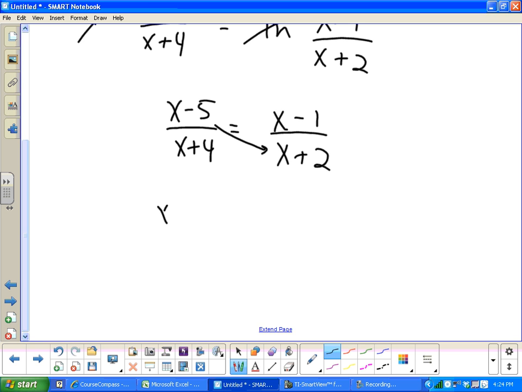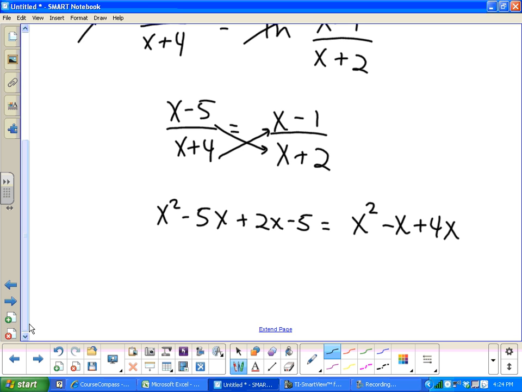So that would give me x squared minus 5x plus 2x minus 5 on that side. And then on the right side here, x plus 4 times x minus 1 would be x squared minus x plus 4x minus 4. Now let's clean them up a little bit. Negative 5x and 2x there would be negative 3x.